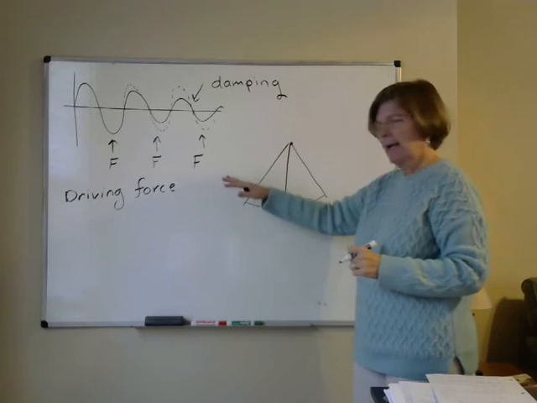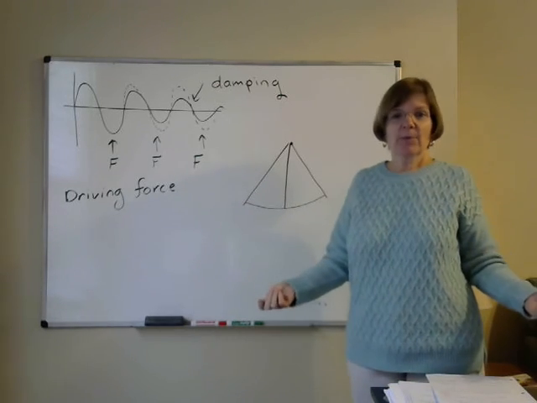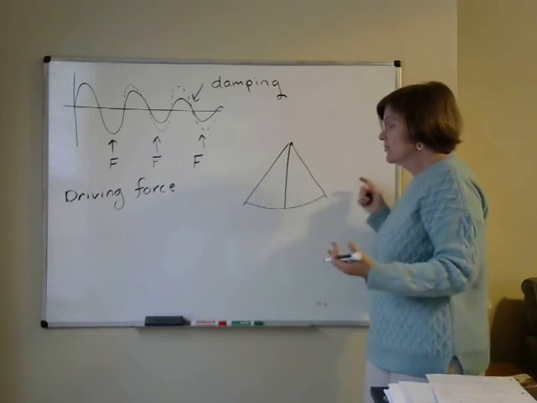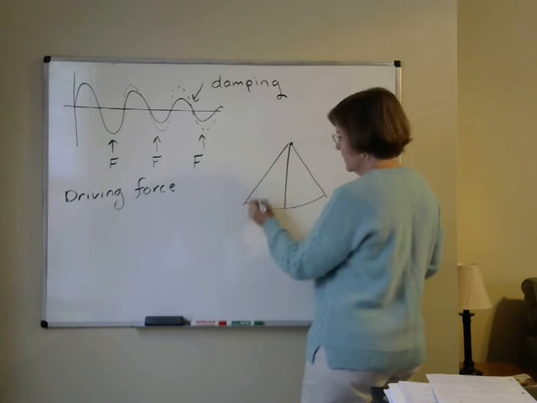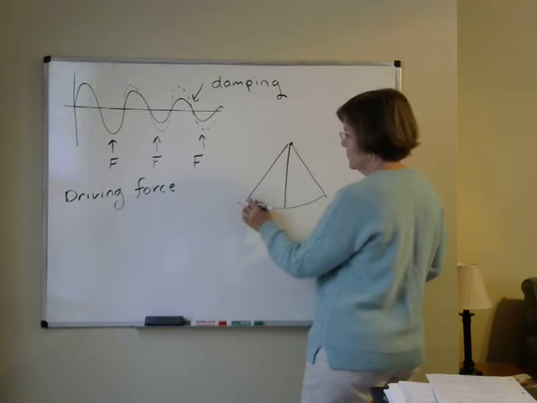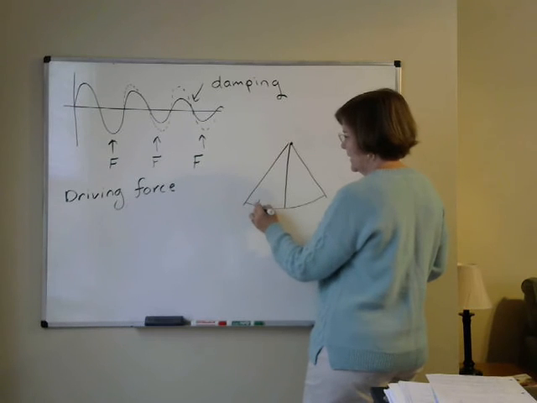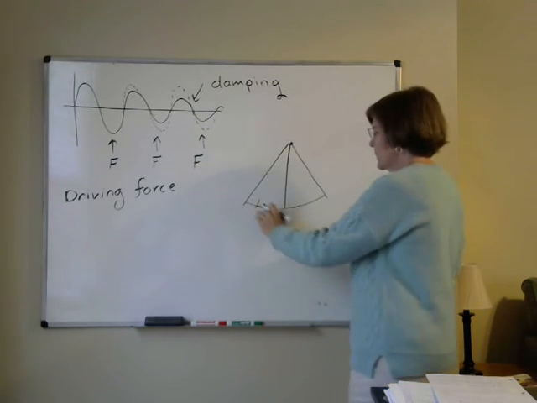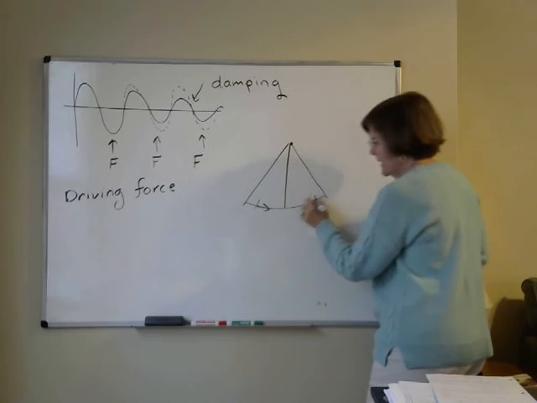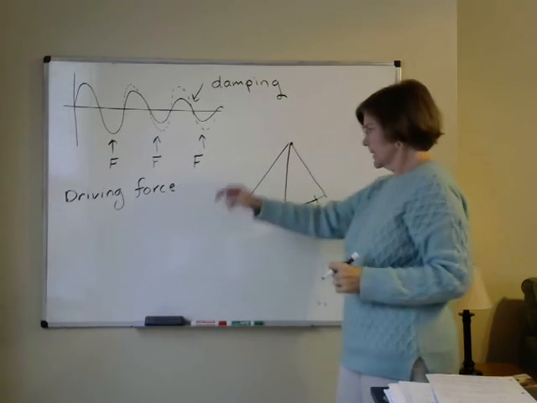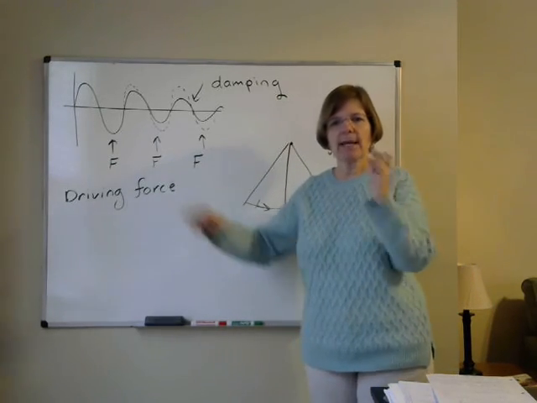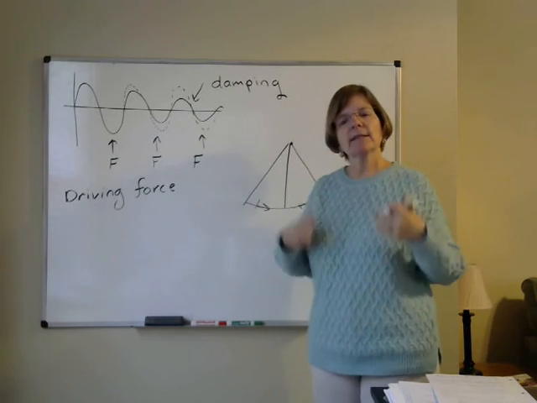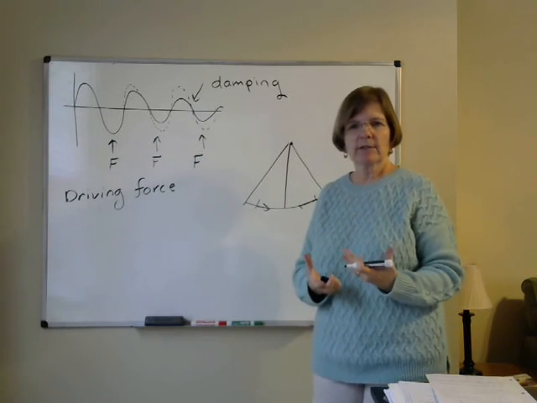And you could maintain. But what if there's a couple of bullies? They don't let you go. They come and get behind you, and instead of letting you swing out to your natural spot, they come in right here and they push you. So you swing back. But here's another bully, and he pushes you. So instead of swinging back at the natural frequency, it's like bam, bam, bam, bam. That's a forced oscillation. Okay?